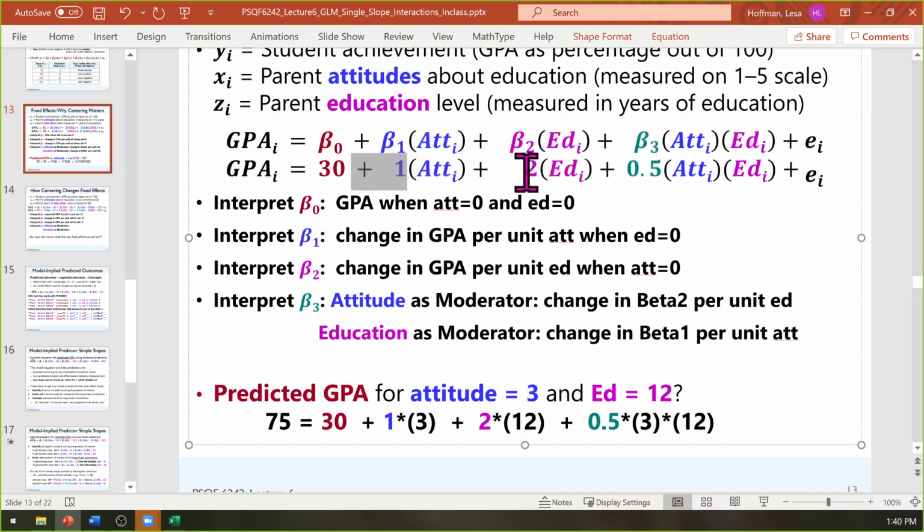And if I start with 2 for the slope of education when attitudes is 0, then to get to what it would be for 3, I take 3 times 0.5, which is 1.5, and add the 2 to it. So I've got 3.5 there. So that's how I knew what it would be.